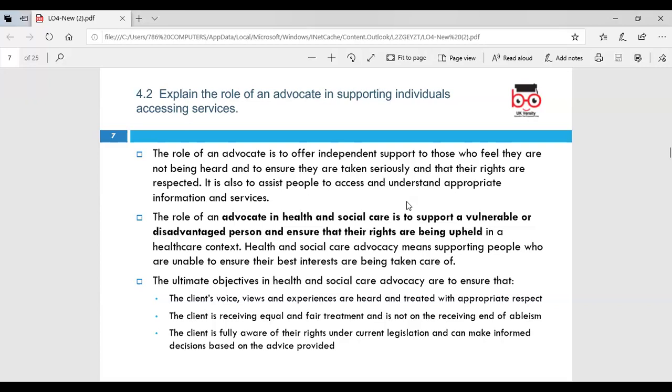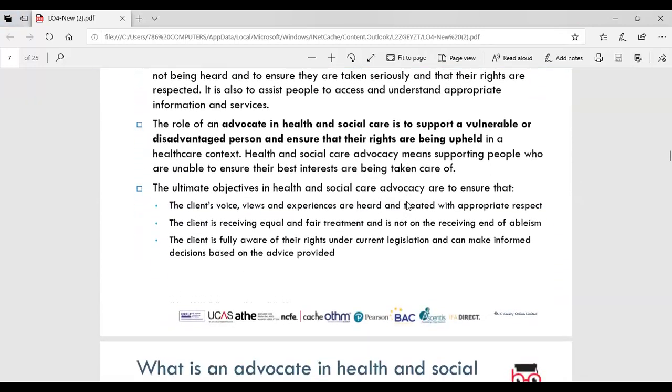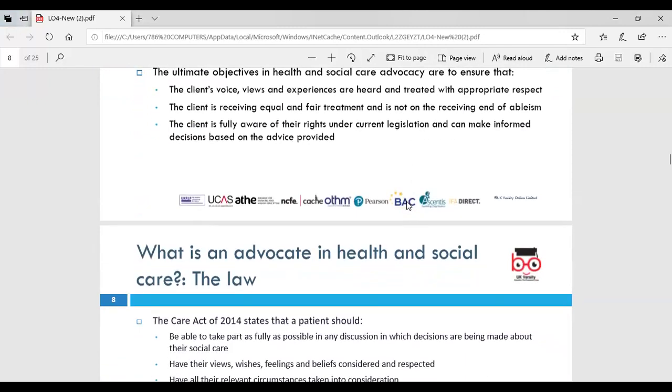This means they're not being sidelined because of whatever status they have. And the client is fully aware of their rights under current legislation, and they can make informed decisions based on the advice that has been provided. So these are all the roles of an advocate.